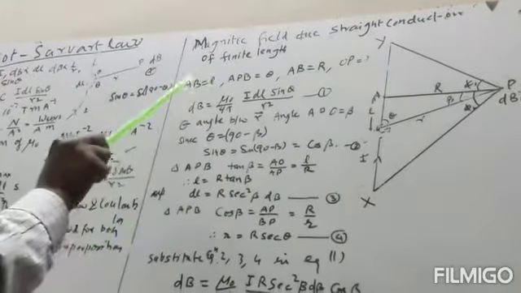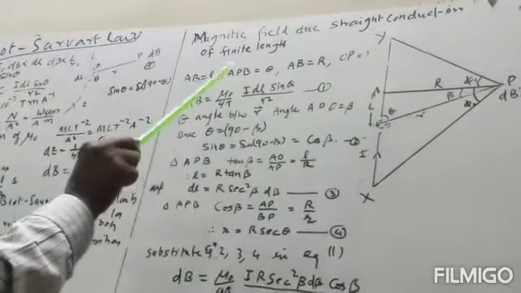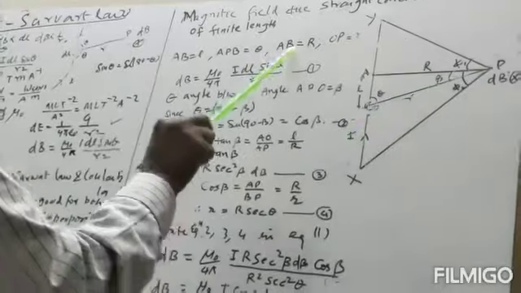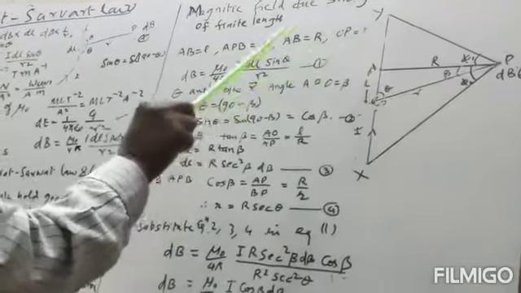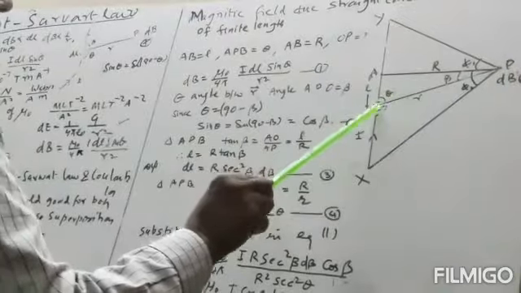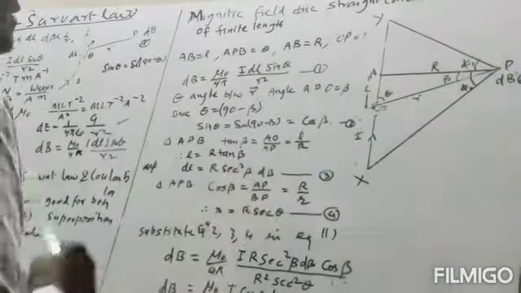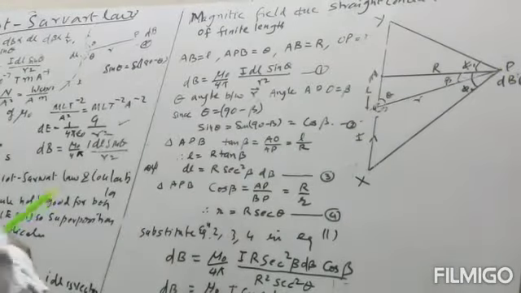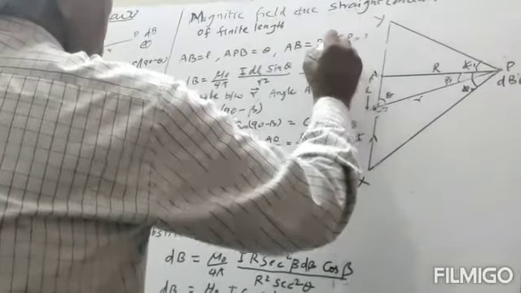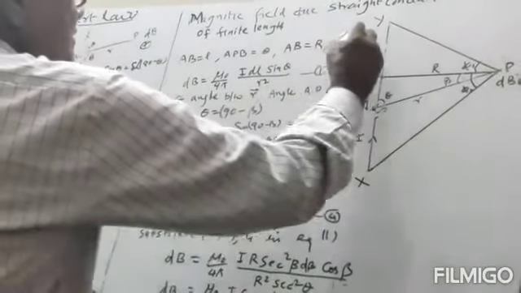So here AB is small l, and the angle APB subtended by this AB, suppose this angle is beta. AP is equal to R, this is BP, BP is equal to small r.